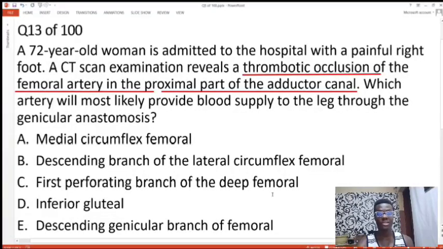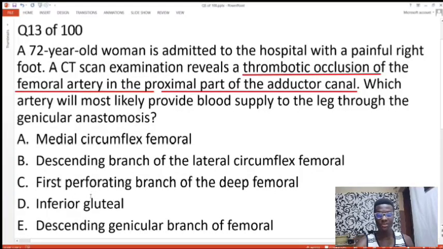So there are four perforating arteries: three branch directly from the profunda femoris artery, and the fourth is formed by the terminating part of the profunda femoris artery itself. All those arteries come together to form the longitudinal arterial anastomosis around the thigh. So that's what it does. It does not take part in the formation of the genicular anastomosis.